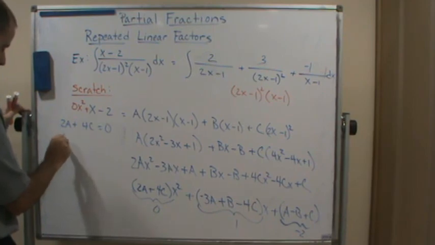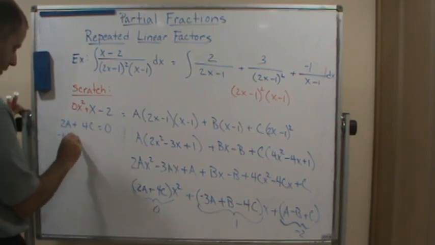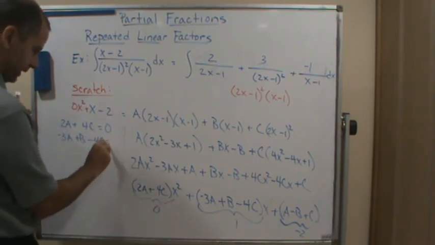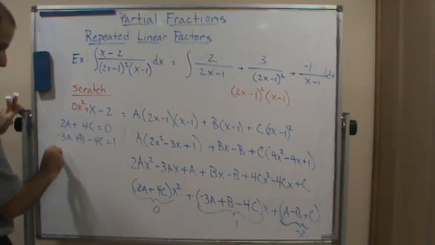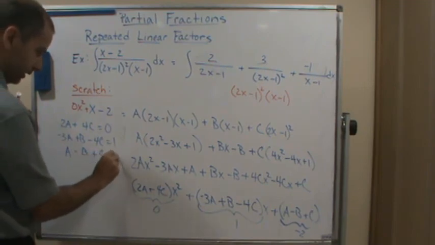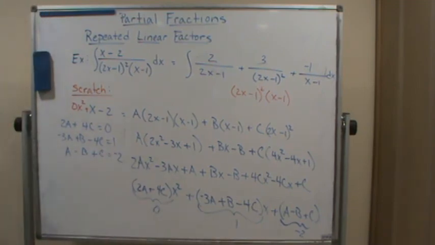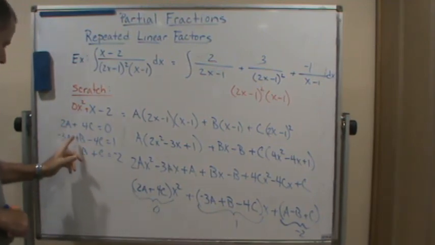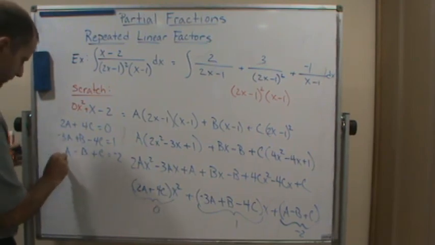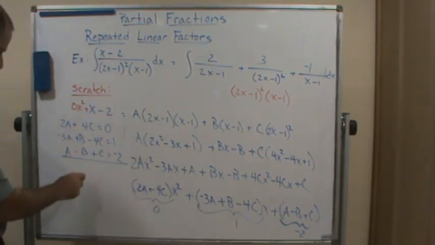Then we've got negative 3a plus b minus 4c equals 1. And then we've got a minus b plus c equals negative 2. And then we do the same thing that we did before. We're going to eliminate. So look at this. Right now we've got opposite signs. So if we add these two, just the bottom two right here, the b's are going to cancel out.